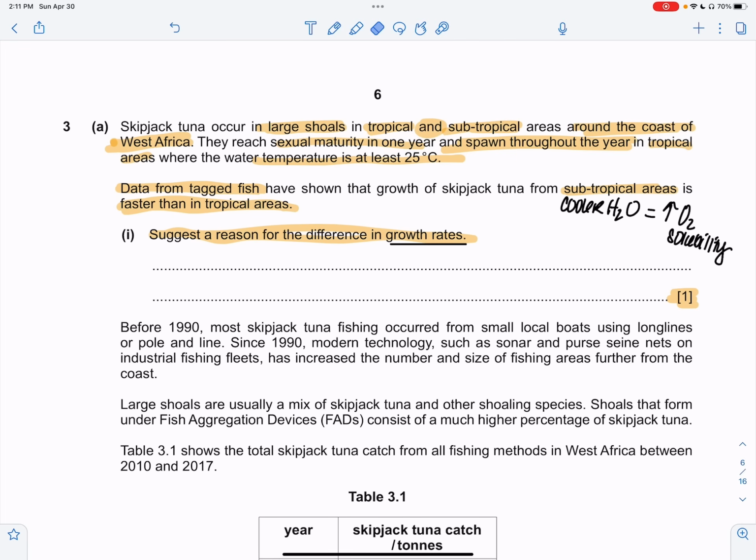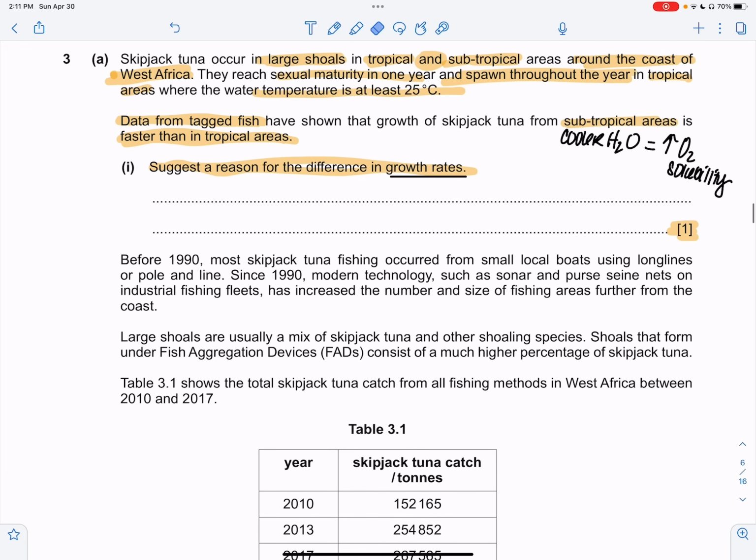And this is only one mark too. So if you didn't get the whole thing, that's honestly okay. It's just one. So first thing I'm going to talk about is there's more oxygen available in subtropics.